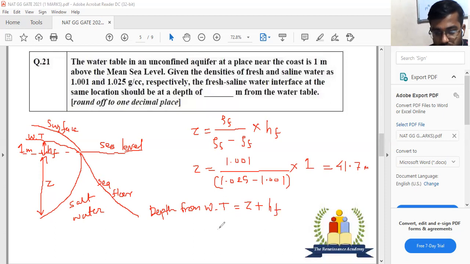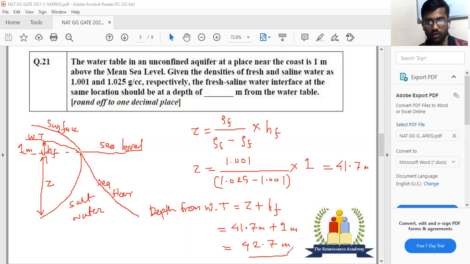We just calculated Z, that is 41.7 meter, plus HF is given, that is 1 meter. So total 42.7 meter. This is your final answer, 42.7 meter.